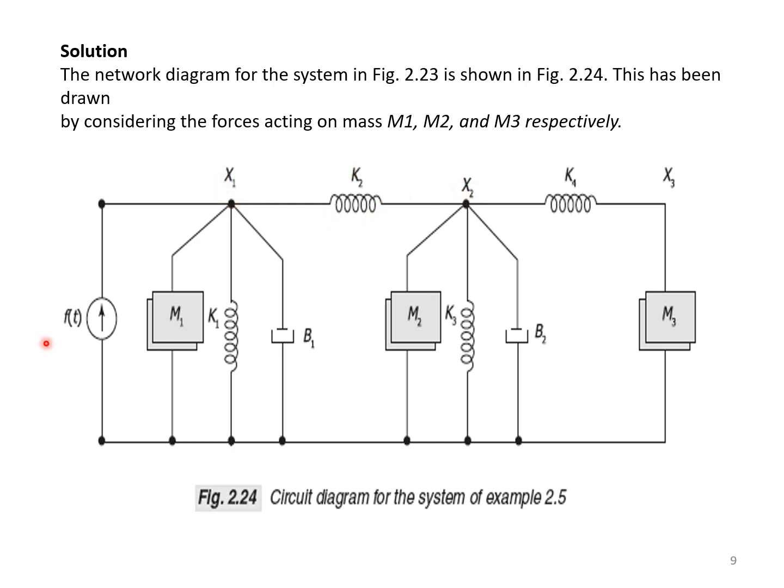For the node x2 we have m2, k3 and b2 which are experiencing only the displacement x2, and k4 is experiencing the displacements x2 and x3, and m3 is experiencing only the displacement x3. So this is the mechanical network which we have drawn for the system given to us by considering the forces acting on the masses m1, m2 and m3 respectively.